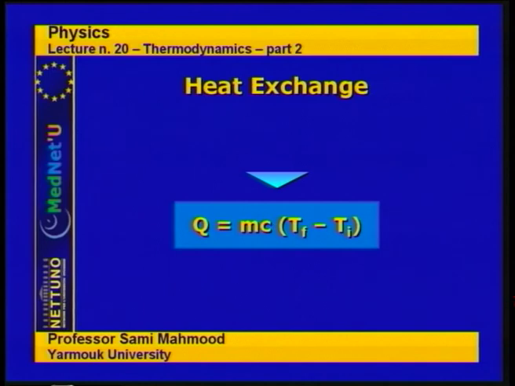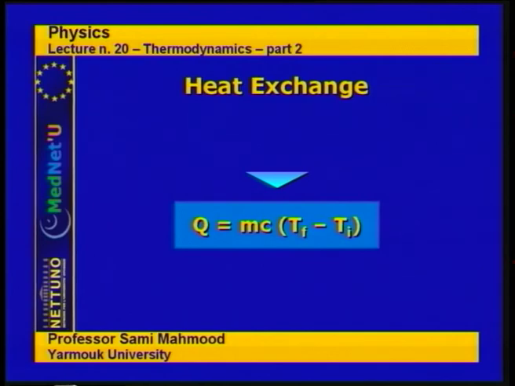Then the relation between the heat absorbed and the temperature change of the object is given by this equation. Q is equal to m times small c, which is the specific heat, times delta T, Tf minus Ti. Small c is the specific heat of the body that we are dealing with, and m is its mass.